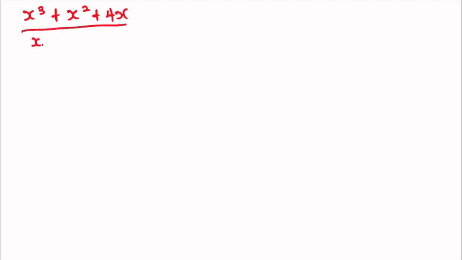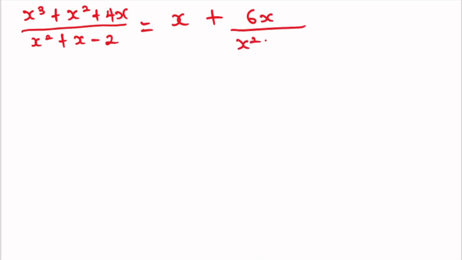With the answer gotten after dividing with the long division method, the structure of the question changes. From x cubed plus x squared plus 4x over the denominator, which is x squared plus x minus 2, it becomes the quotient, which we got as x, plus the remainder, which is 6x, all over the denominator, which is x squared plus x minus 2.